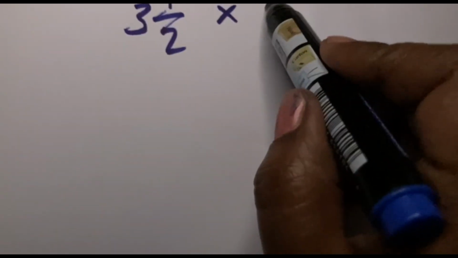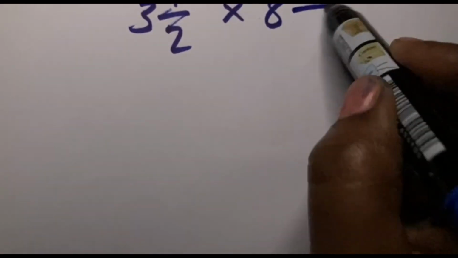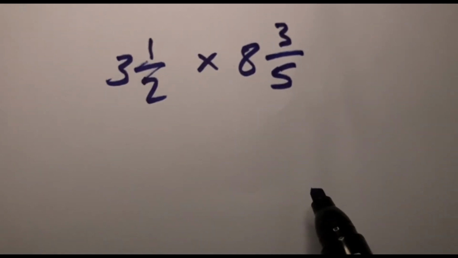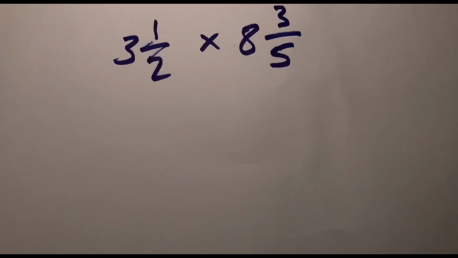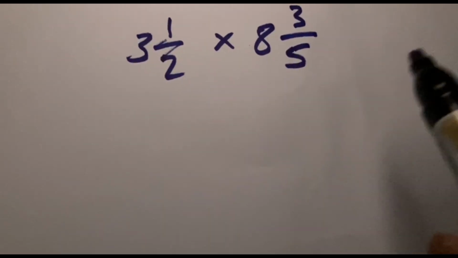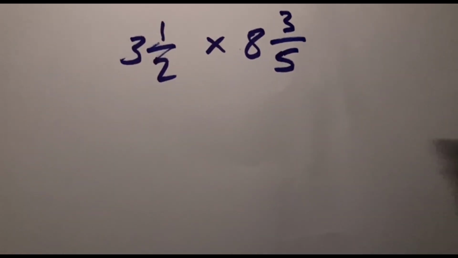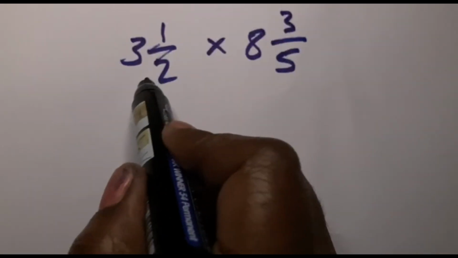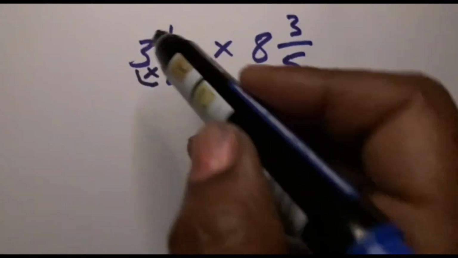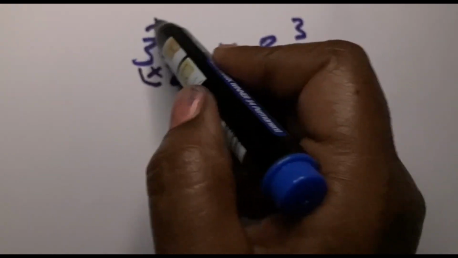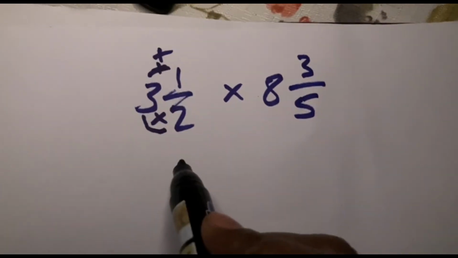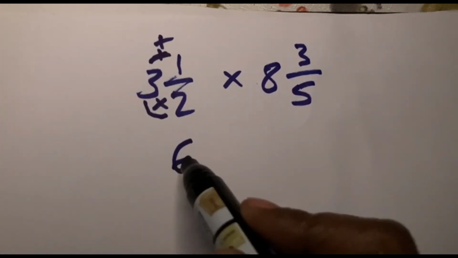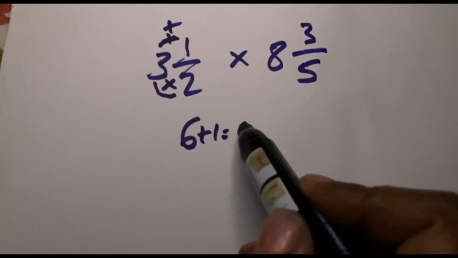multiplied by 8 and 3 over 5. 3 and 1 over 2 multiplied by 8 and 3 over 5. Before we multiply, we need to change these mixed fractions into improper fractions. How? We multiply 3 and 2 and add 1. 3 times 2 is 6. 6 plus 1 is 7.